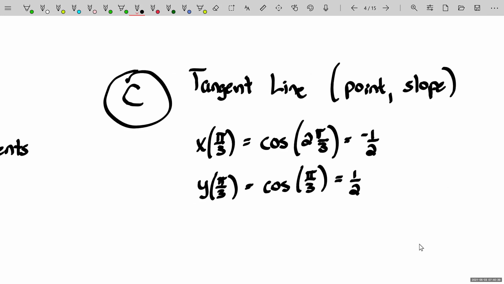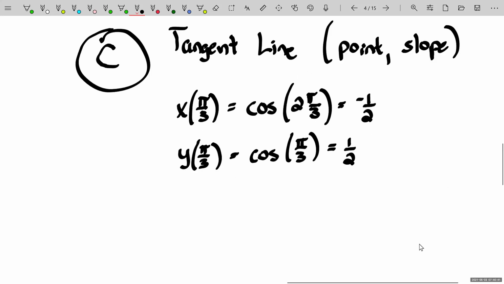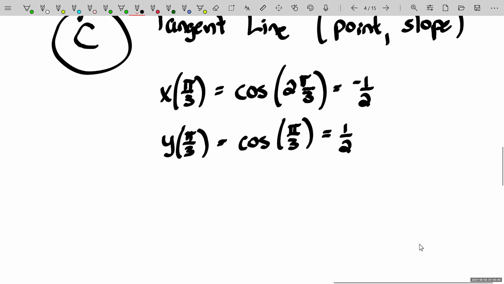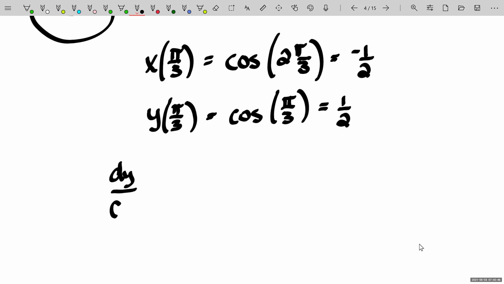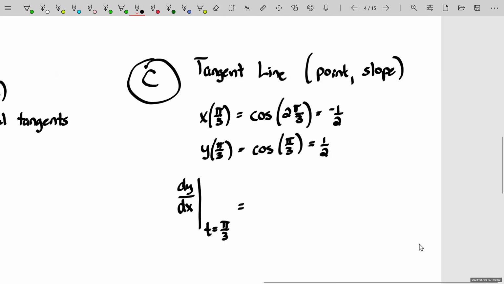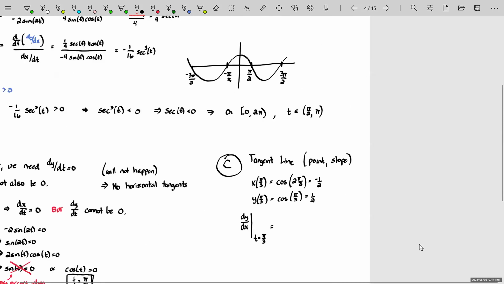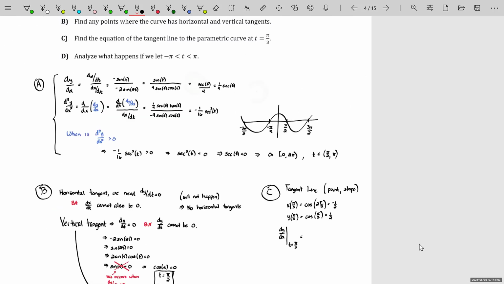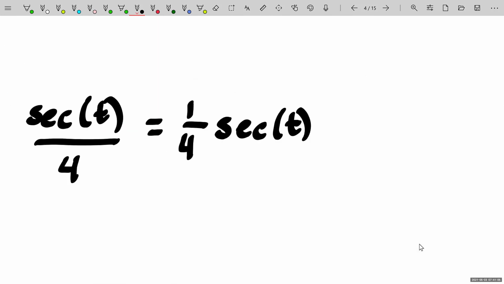Now we need the slope. The slope is going to be dy/dx, and this is a nice notation to use with a pipe here: dy/dx evaluated at time pi over 3. We happen to know that dy/dx, we computed it out, is just 1/4, wait for it, the secant of t.